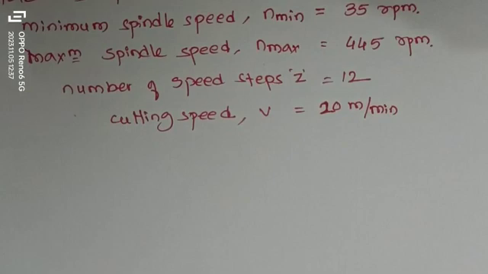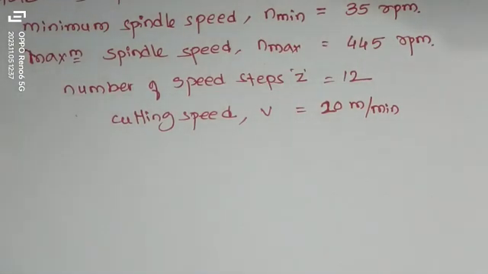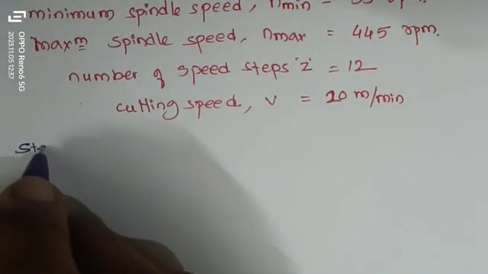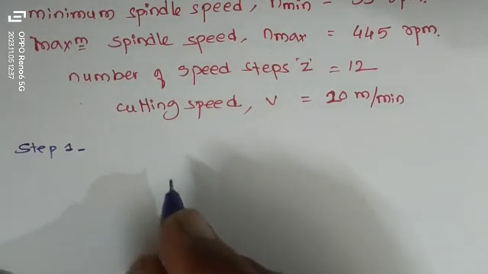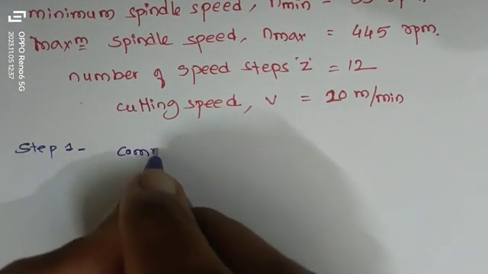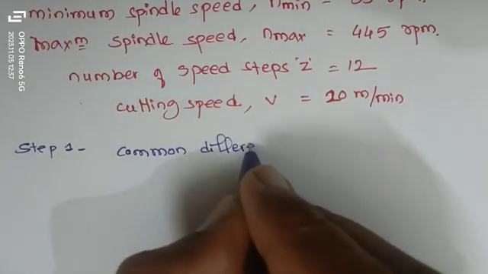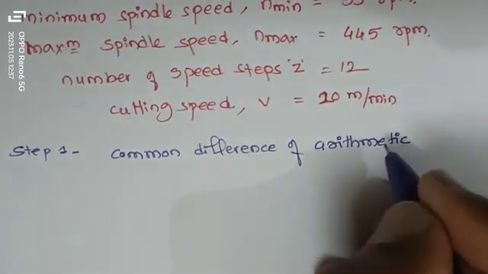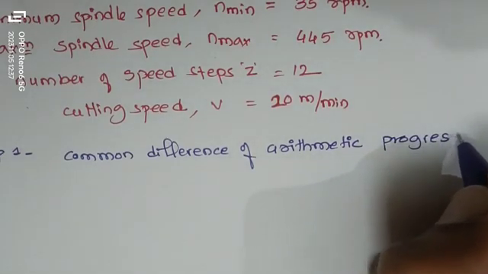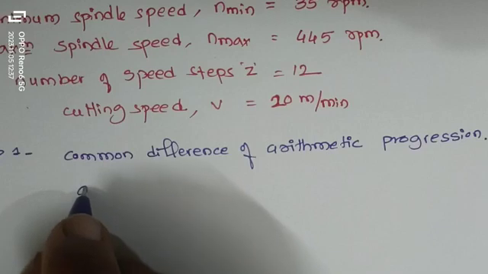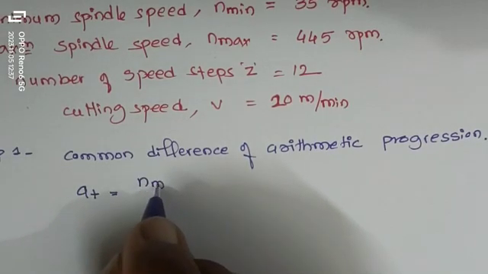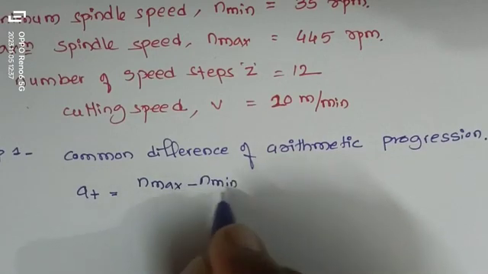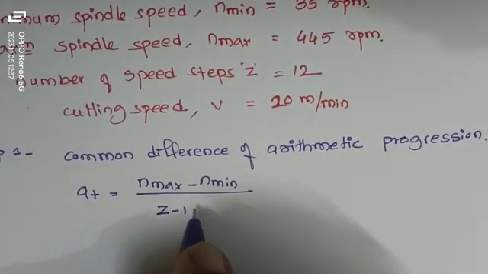For the given multi-speed drive, based on this arithmetic progression, the different parameters have to be calculated, as we have discussed previously, right? So here, the first step, what we need to calculate is the common difference of arithmetic progression, that is what we have denoted, that is n max minus n minimum divided by z minus 1.